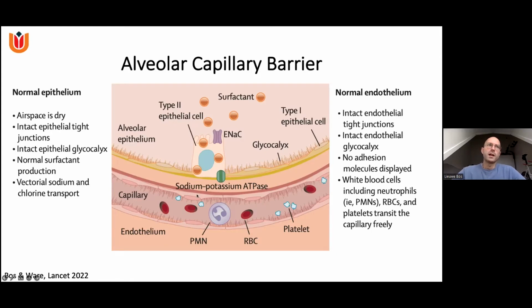So normally the airspace is dry, there is surfactant on the epithelial side. The glycocalyx is quite important to keep the immune cells from attacking the epithelial and the endothelial cells. And there is little to no inflammatory response within the alveolar surface.